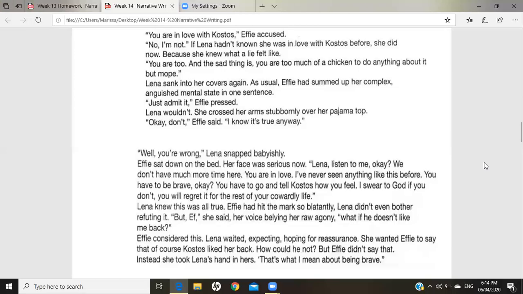Any other line you saw that shows she's a bit insecure? And it says, what if he doesn't like me back? You have to be brave. Good, so we get an idea that she's a bit of a coward, she's a bit insecure.